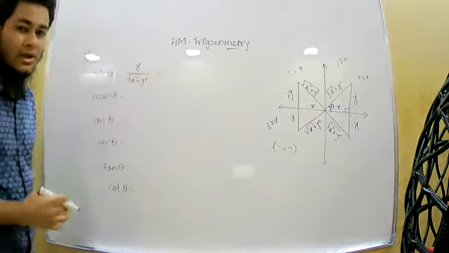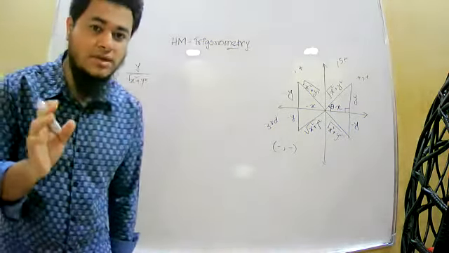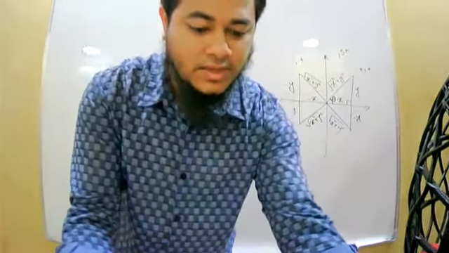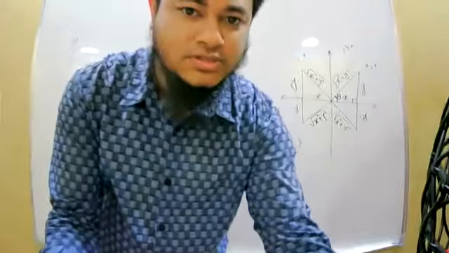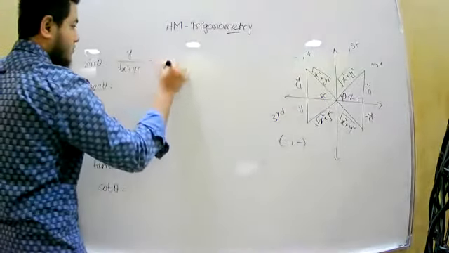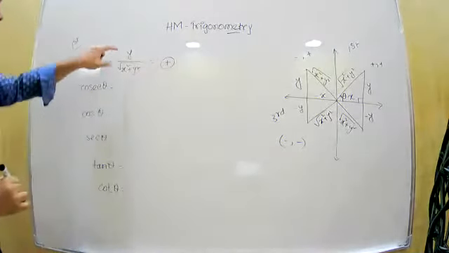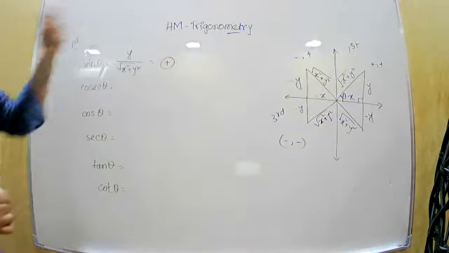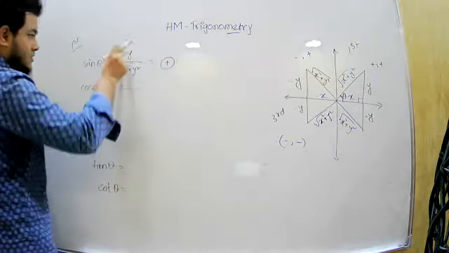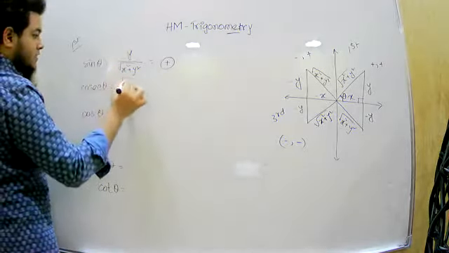My target from here is not to find the value or establish any formula. My target is to find out the sign. Is it positive or negative? That understanding, that is my target. So it will be positive because y is positive and hypotenuse is always positive. Okay. Then similarly, cosec, it is just the opposite of sine.